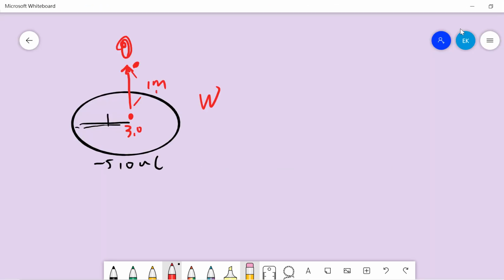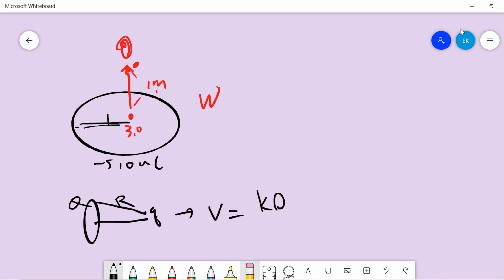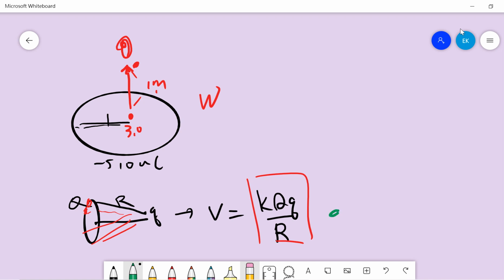One important thing you need to remember is that if there is a charge Q, your charge q, and this is R, then the potential is just kQ over R. You don't have to do the integral because all of these have the same radius R. So this is the answer. But this should be energy.